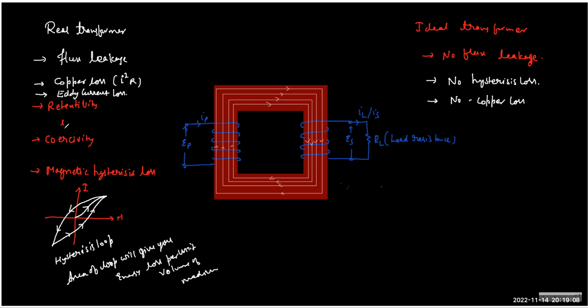If the surface of a metal is brought into a time varying magnetic field, then the surface will induce some current. Some current will start flowing in the surface itself, and that current will also lead to some heat loss. That loss is called the eddy current loss, and that can be minimized by reducing the area.